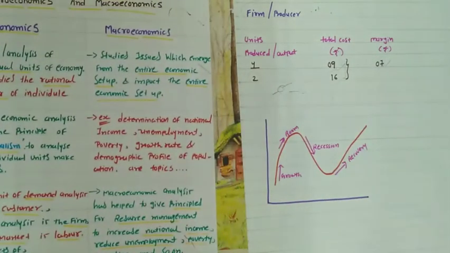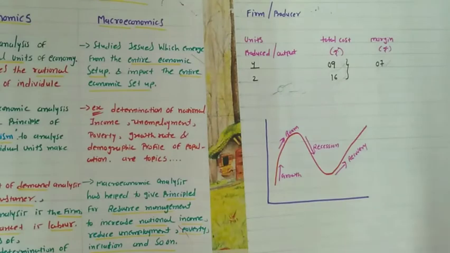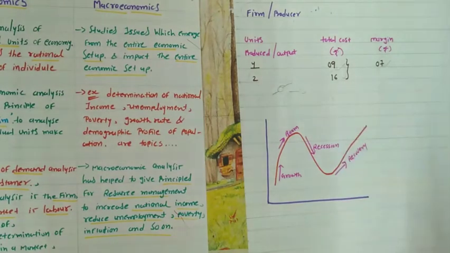Let's move on to macroeconomics. Macro means large, on the large level. Macroeconomics studies issues which emerge from the entire economic setup and impact the entire economic setup. For example, determination of national income, and unemployment.